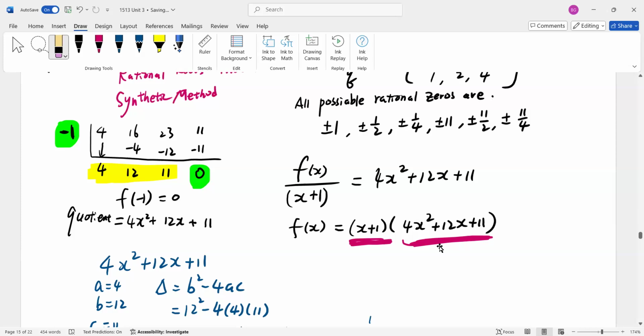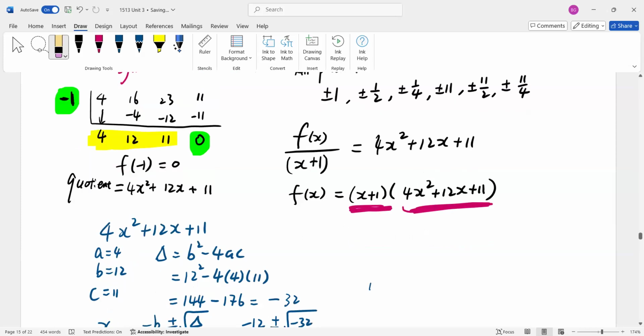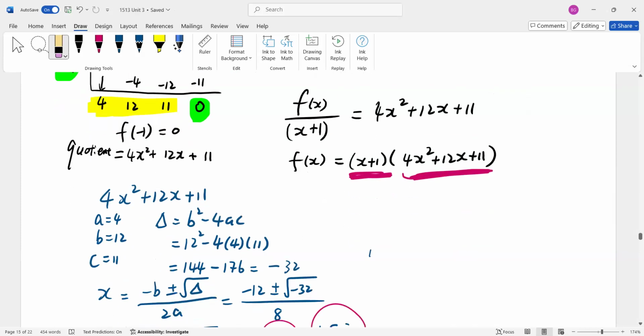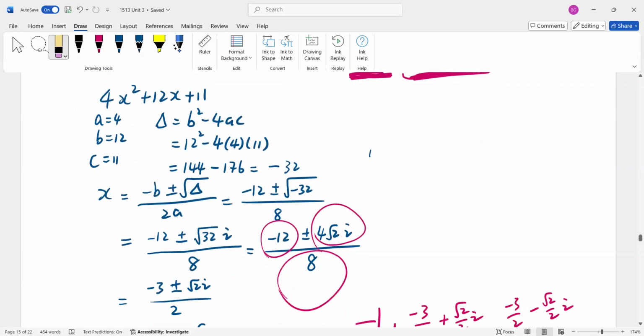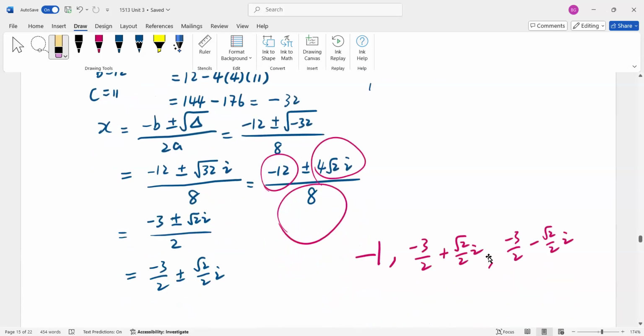Once we have the quadratic factor, we have a lot of methods that can apply. We can try factorization, we can try the quadratic formula. We made the right decision to give up the factorization because it's not factorable. It turns out that quadratic trinomial has 2 non-real complex solutions, and those are the other 2 roots.